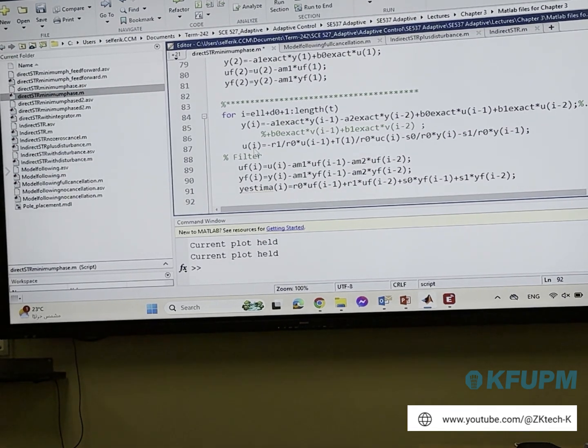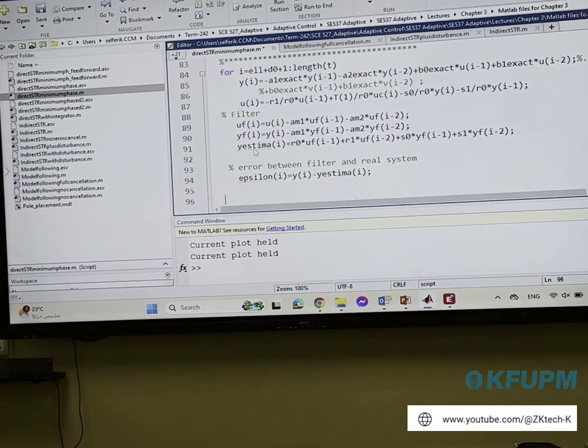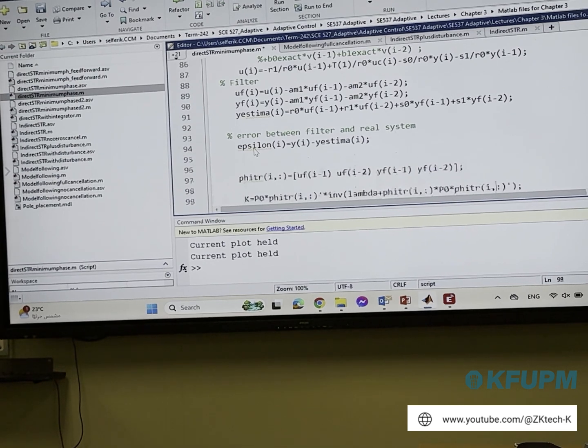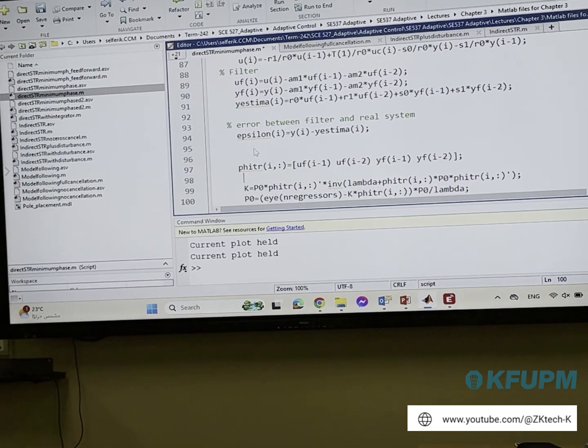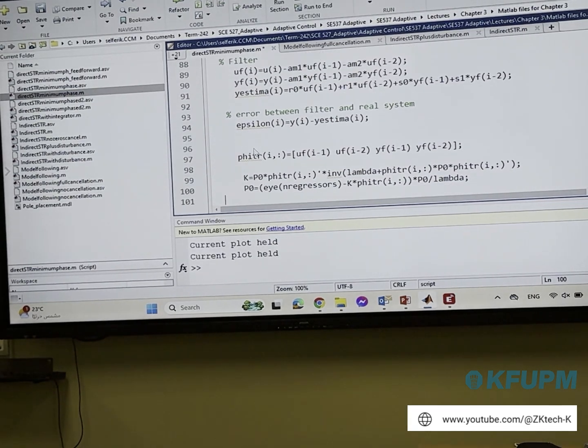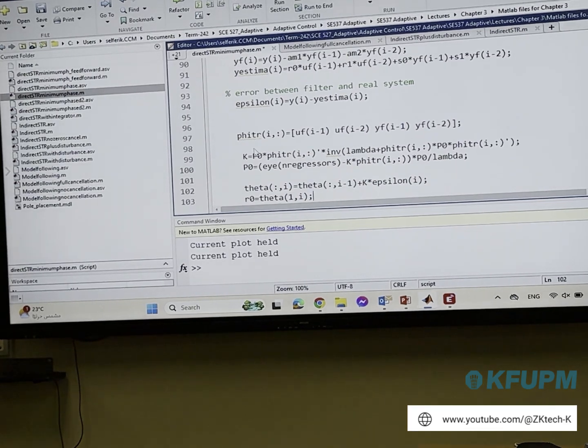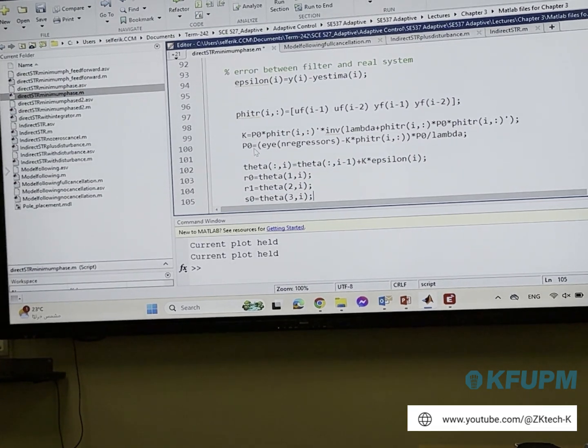Then I get my Y estimate based on R0 multiplied by R tilde and S tilde values. I use the error, which is between my estimate and my output. This is my error. Then I generate my regression vector, my value of K for the least squares method. I update my P0, and compute the new value of theta.